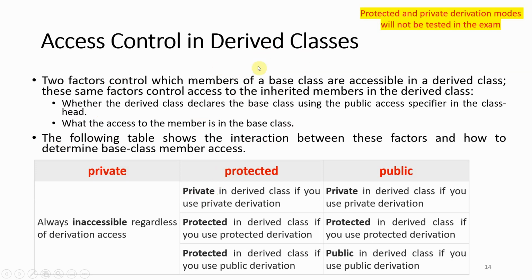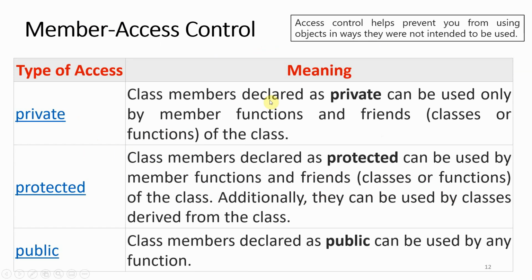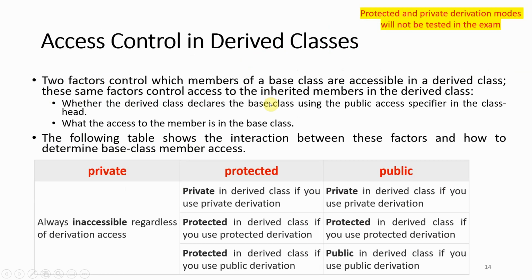Okay, so let me go back here. I didn't talk about the public one. Let me talk about the public one as well. If the member variables are public, now the role of the inheritance mode, the derivation access mode, is very important.